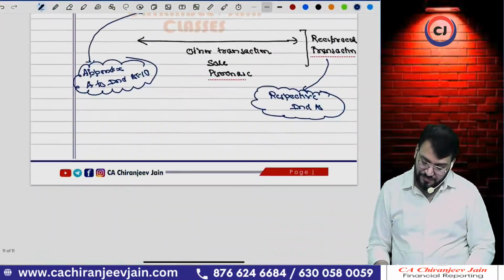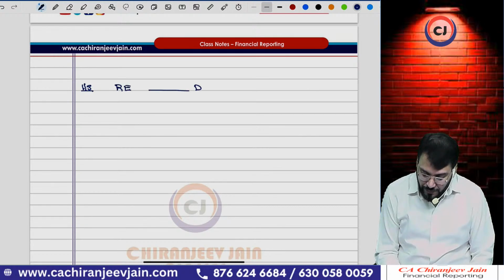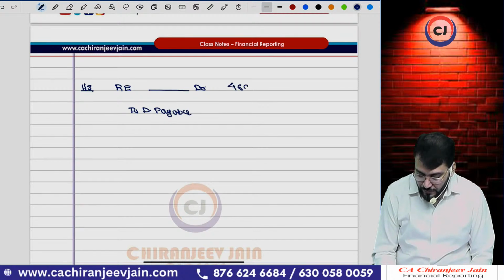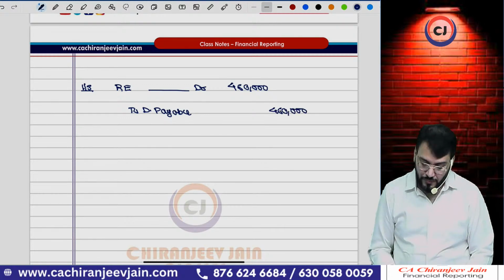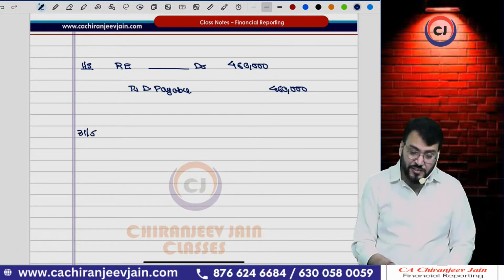Tell me the journal entry. On 1/5, what journal entry? Retained earnings account debit to dividend payable. How much? 4 lakh 60,000. This journal entry you understood. Then on 31st May, first you will do reassessment of dividend payable.